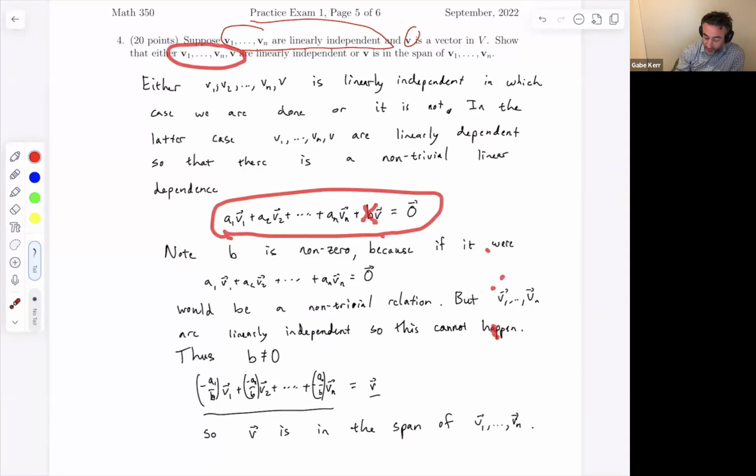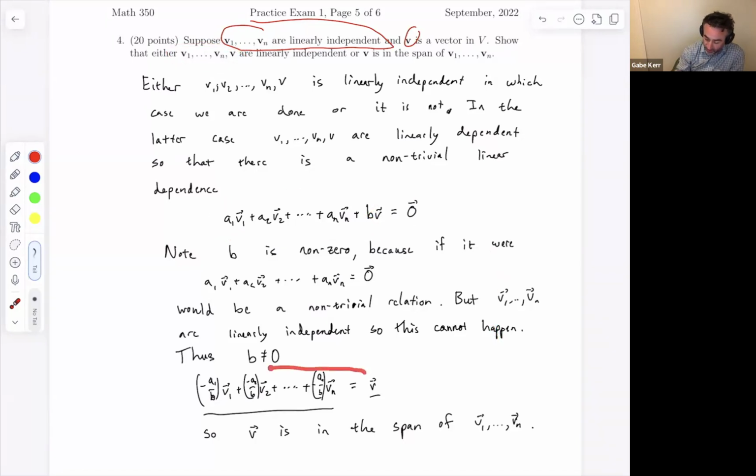If B is 0, then we have a linear relation amongst V1 through Vn. That's not allowed. So therefore B must be non-zero, and we can divide by its negative, and we get that V is a linear combination of the vectors V1 through Vn. But that just means that V is in the span. We're done. Does it make sense?